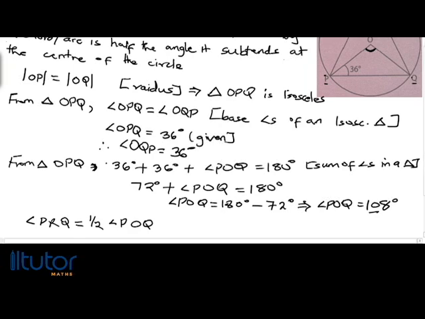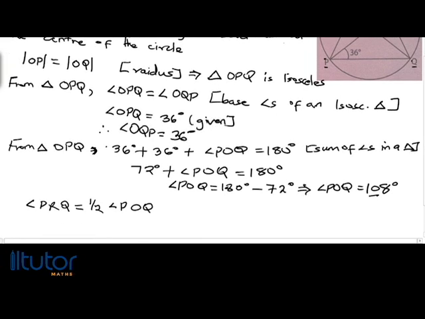So this implies that angle PRQ is equal to one half of 108 degrees. If 2 divides 108, you will have 54. So angle PRQ is equal to 54 degrees.